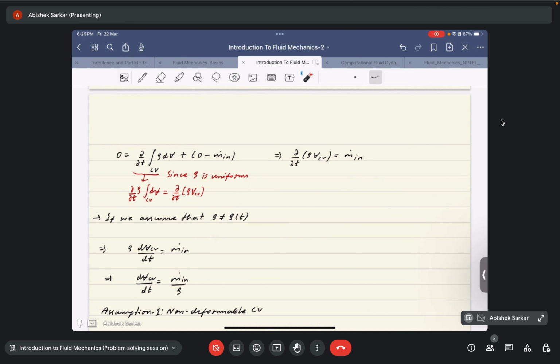But let us take a very simple assumption, that density is uniform and independent of time, so that we can take the density out of the integral as well as the derivative, because we need the derivative of volume with respect to time. We need that term. Okay, just 1 minute. Once you take that crude assumption, let me just write it: very crude assumption.